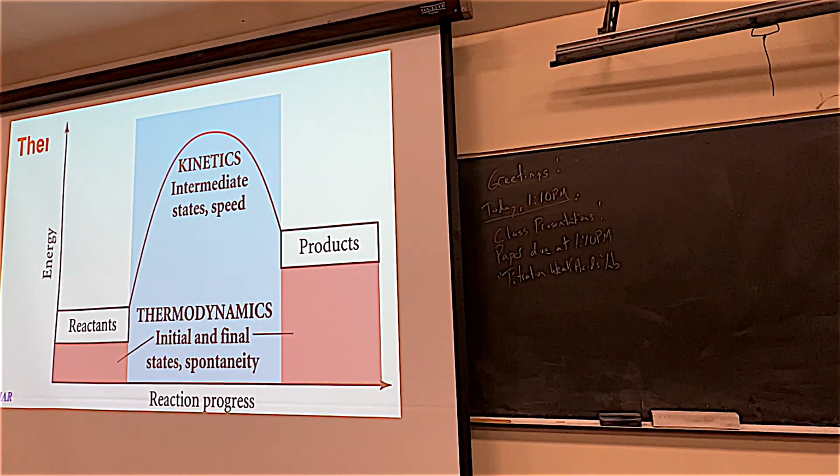Endo. Nice job. If the products are higher than the reactants, then it's going to take a net amount of energy to go from reactants to products. So this is an example of an endothermic reaction, which means you have to put energy in. If the products were down here, with reactants higher and products lower, that would be an example of an exothermic reaction.